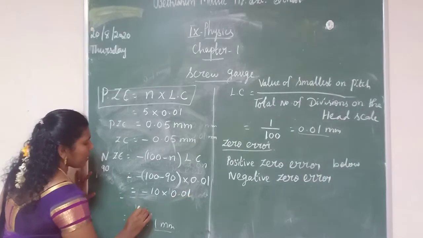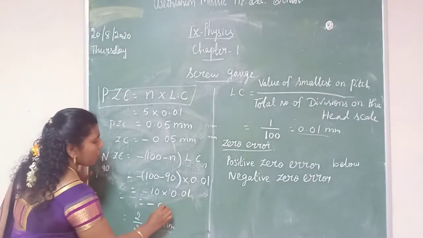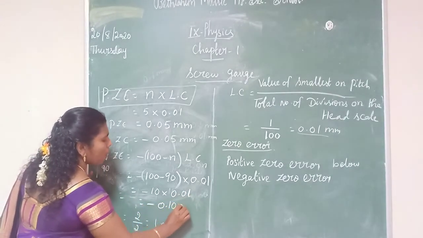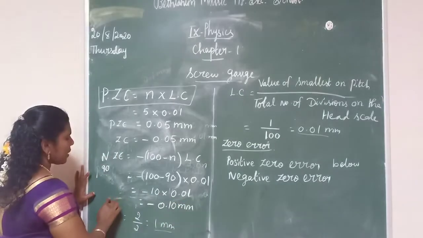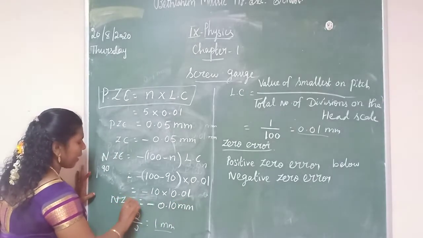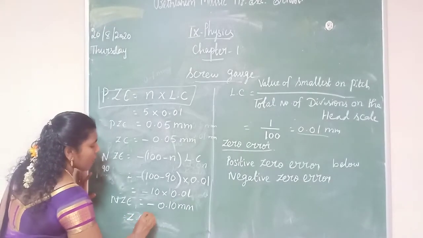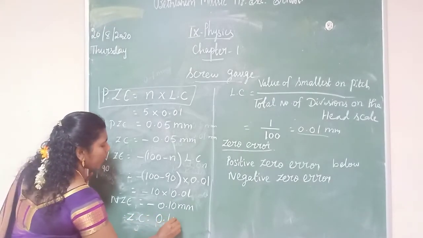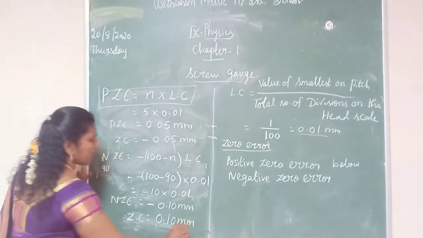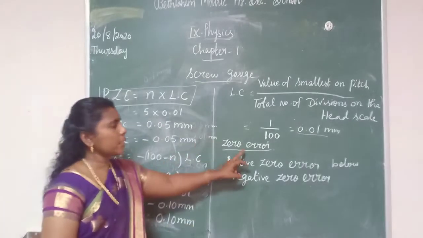So the value is minus 0.10 millimeter. So this is the negative zero error. Suppose you have to find the zero correction, the value is 0.10 millimeter. Like that you have to find the error.